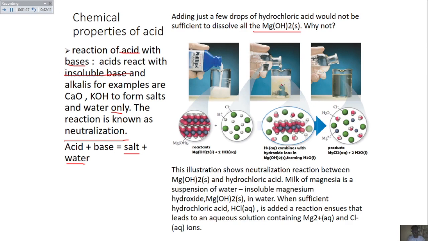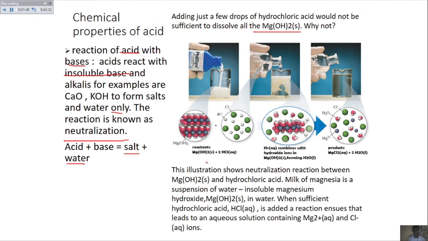Now what is happening here? We have to add enough acid to it, and in that process, it becomes clear, all the solid has dissolved. This is a reaction we call a neutralization reaction. Let's quickly see what happened here.